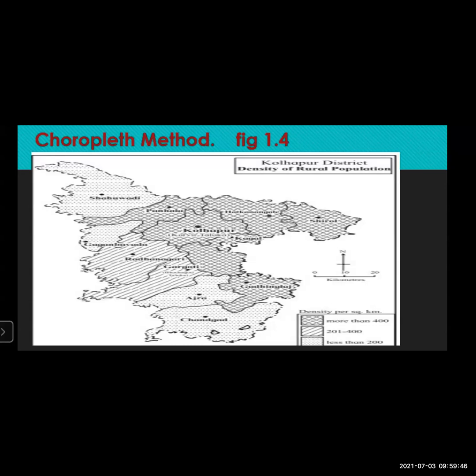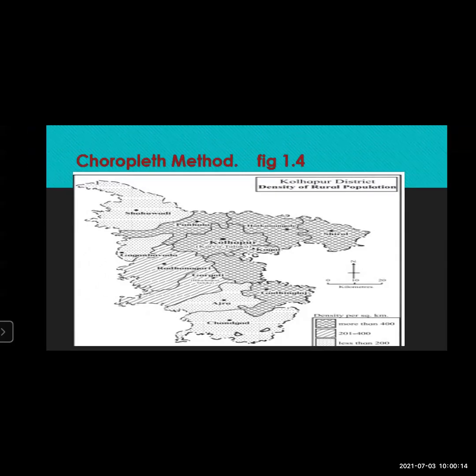This is a ready-made, easy way to get marks. You only need to know some techniques and read the questions carefully. Then only will you be able to answer them. Now we have to move to the next method of distribution maps, and that is the isopleth method. So let me change the slide.